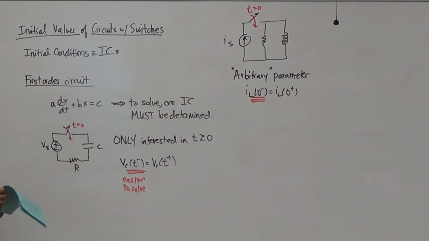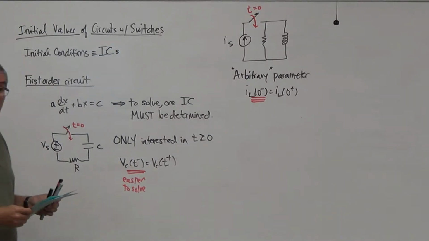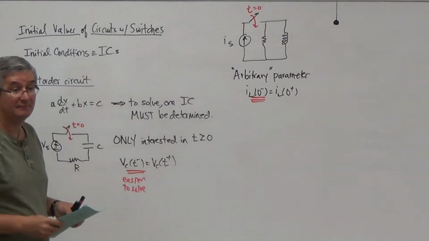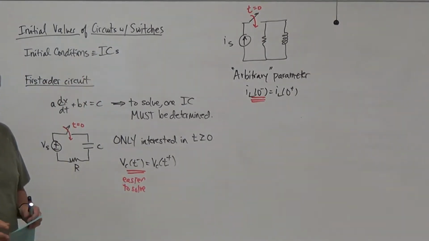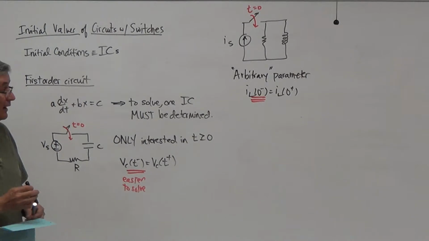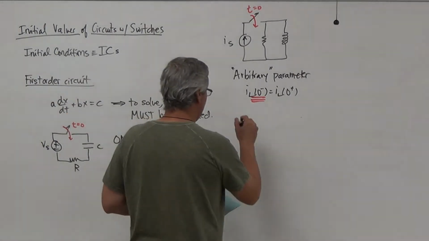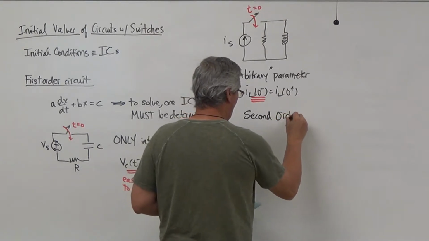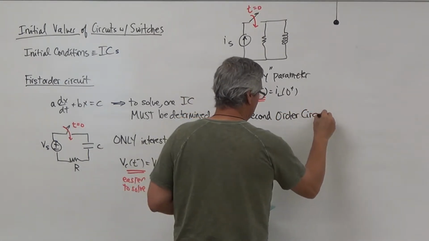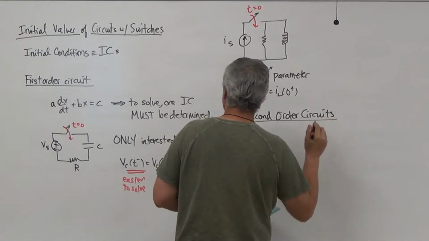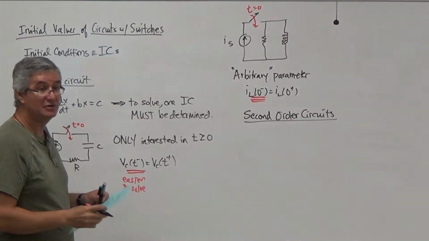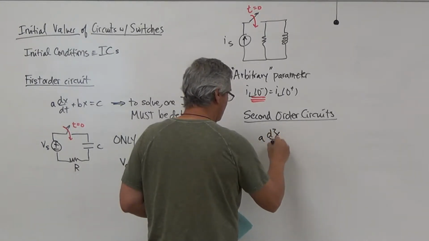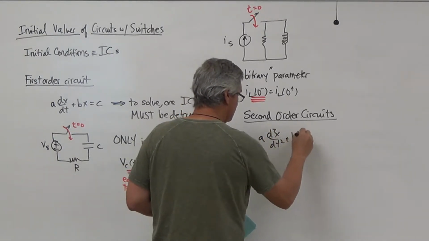Now, as I go to second order circuits, things get more complicated, and they get more complicated in a hurry. So now I have second order circuits. When I have second order circuits, you could imagine that I could set up a scenario where I get this now.